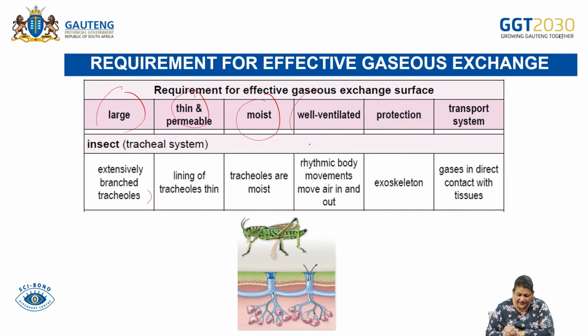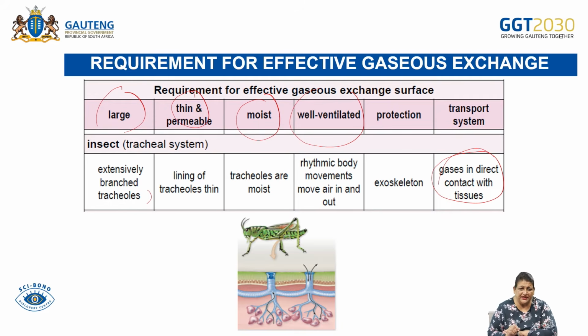If you look at well ventilated, yes, it will have special tracheoles to transport the gases from the air to the blood space. So it has a well ventilated system. Protection: the exoskeleton protects these tracheoles. And transport system: the gases are in direct contact with the tissues via the blood space. So there is a blood system to transport the gases that come in from the outside. It is well protected by the hard exoskeleton.